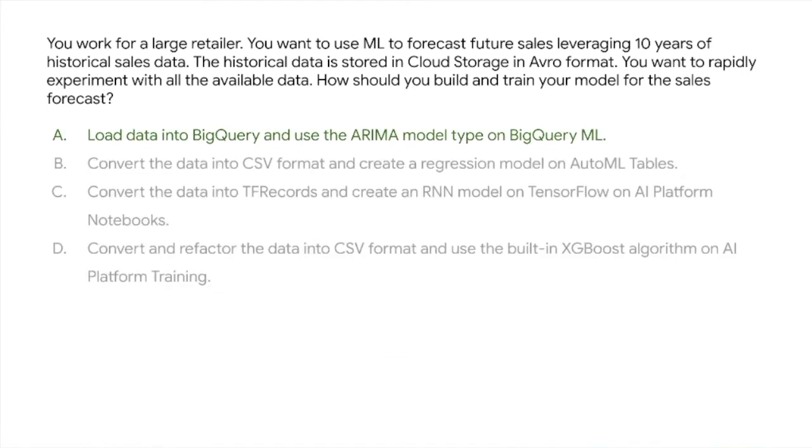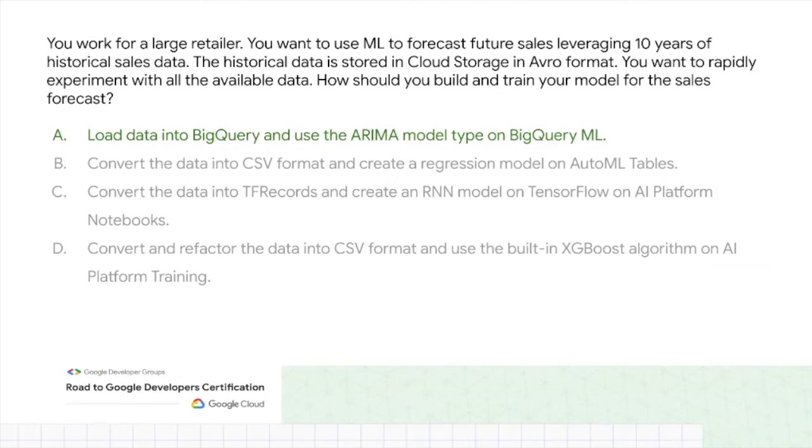Yes, we would want to use BigQuery because it's not going to give us lots of trouble with the data type. We can throw any kind of data type at it. It will do the pre-processing needed, and we can pick the model right away. That's it, and we can perform our quick experimentation.